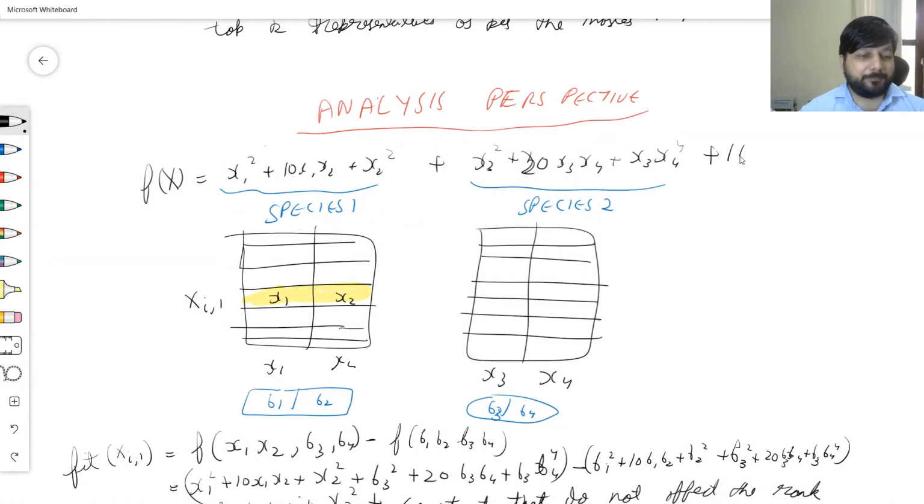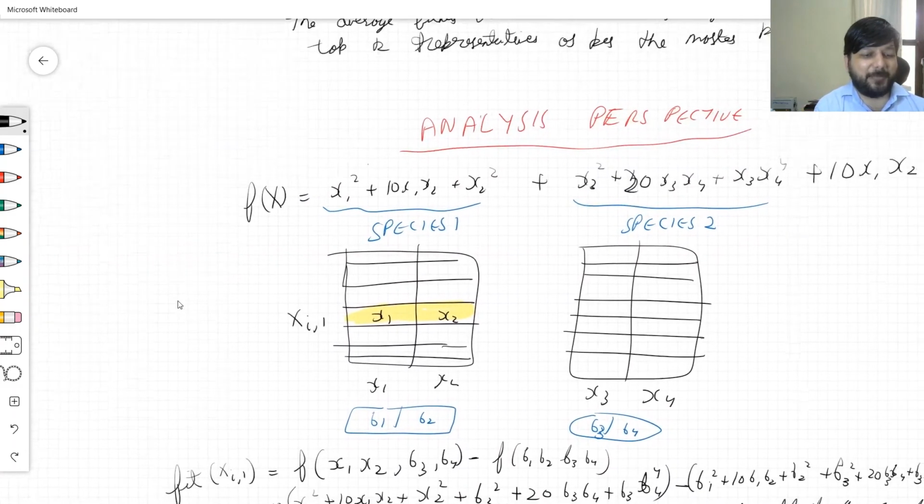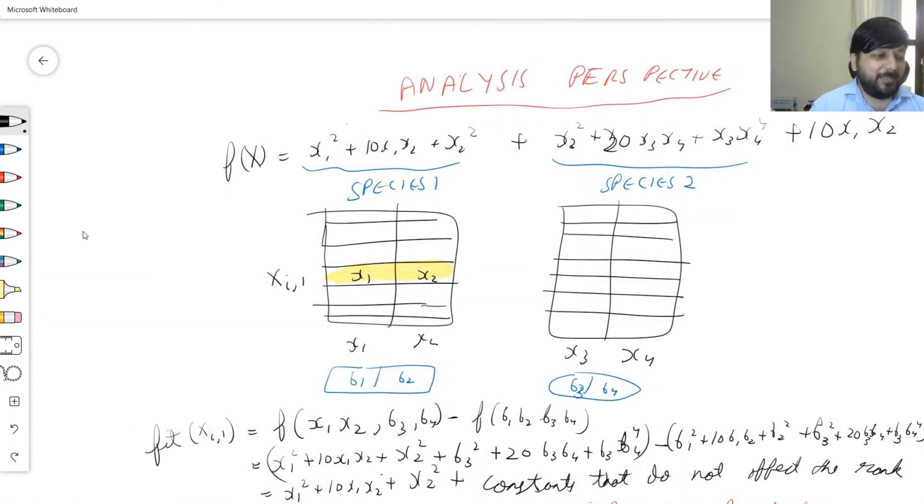So with this one only, let's calculate the fitness function value using this one.